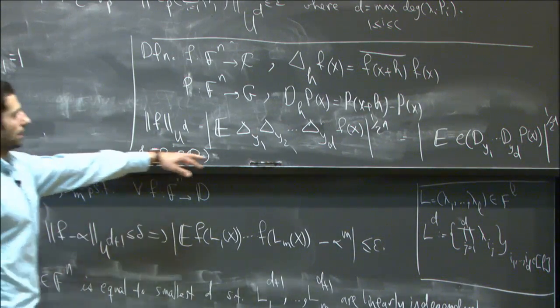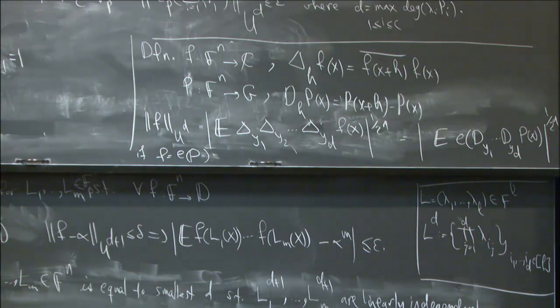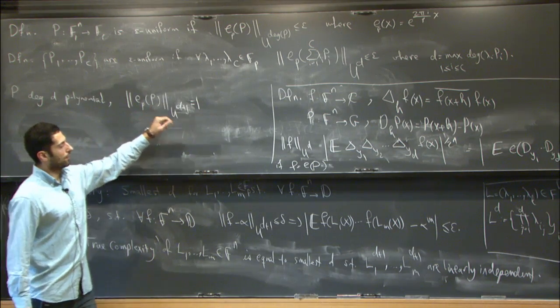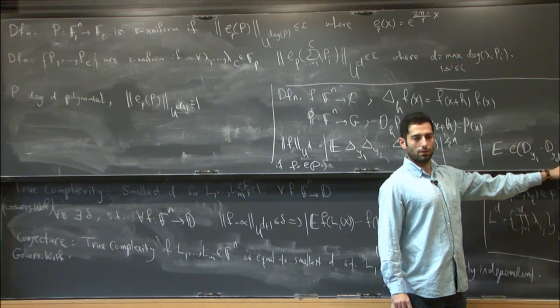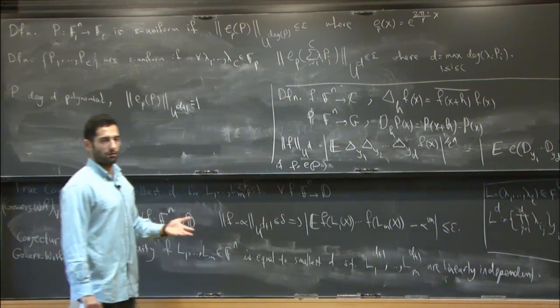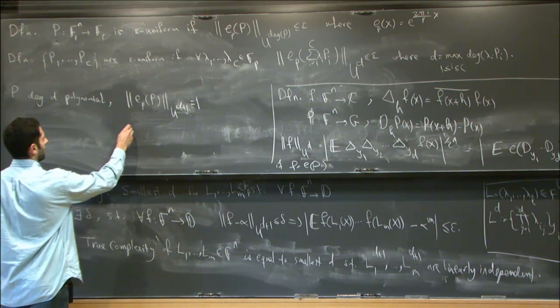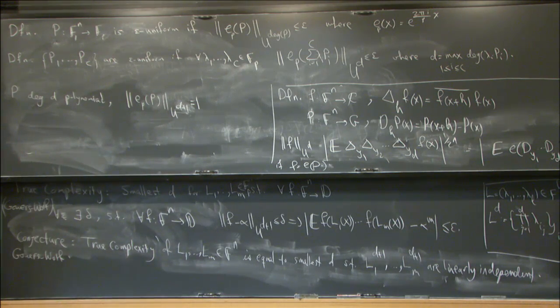Now, if I take the U^(d+1) norm of e of p, then I'm really taking the (d+1)-th derivative of a degree d polynomial. This always vanishes, so you will just have a constant average of 1. However, it turns out that there are more functions whose U^(d+1) norm is equal to 1.